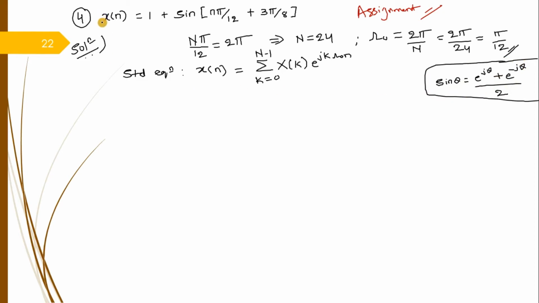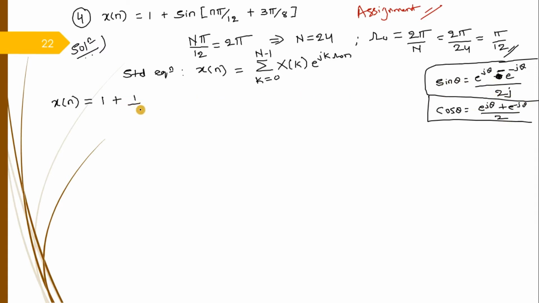Cos theta is e raised to j theta plus e raised to minus j theta divided by 2. Sin theta is divided by 2j because it is the imaginary term, cos theta plus j sin theta. That's why it comes at this place.